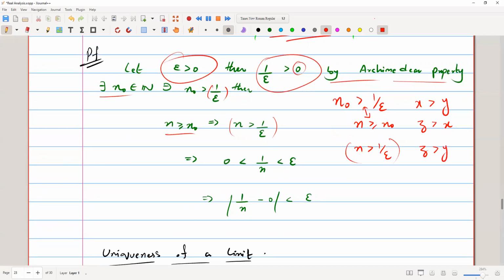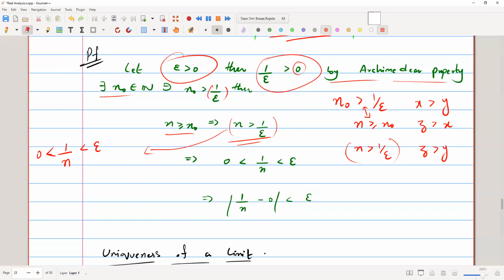So now, if n is greater than 1 over epsilon, then if I take the reciprocal, 1 over n will obviously be greater than 0, but it will be less than epsilon, because the inequality changes when we take the reciprocal.